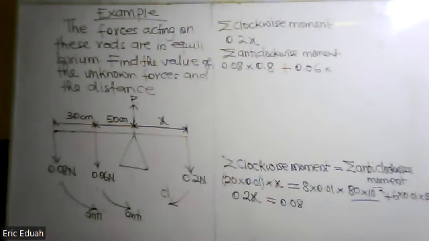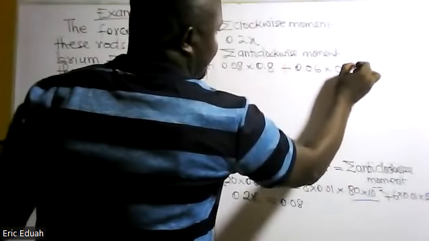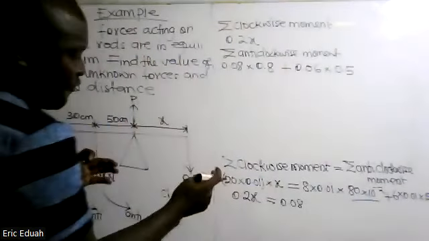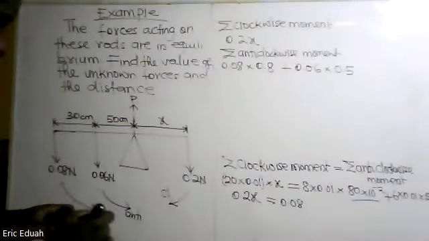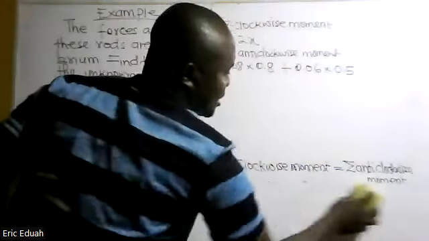Change 50 centimeter to meter for me. 50 centimeter to meter is 0.5. So 0.5 meter.